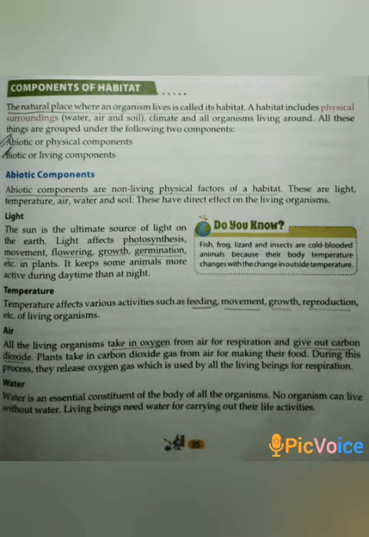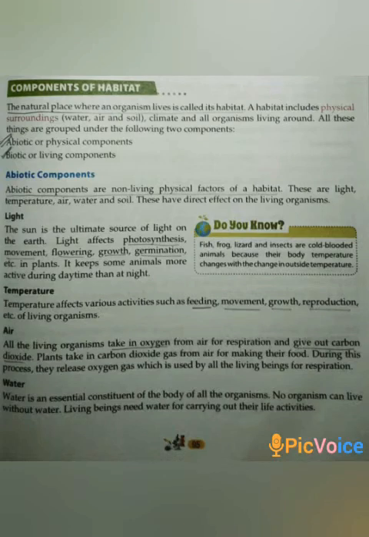Components of habitat. The natural place where an organism lives is called its habitat. A habitat includes physical surroundings like water, air, and soil, climate, and all organisms living around.